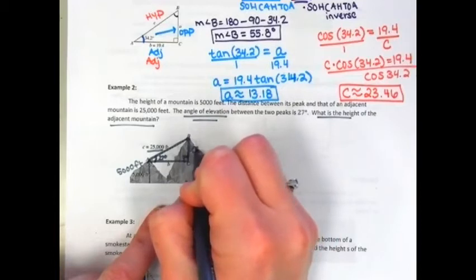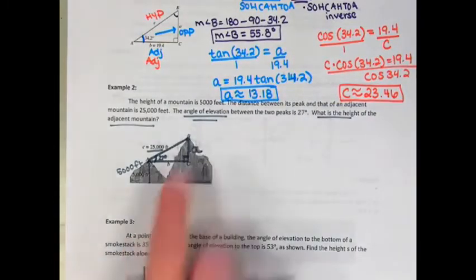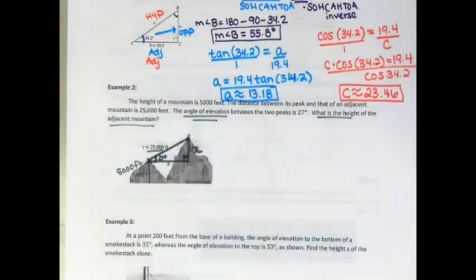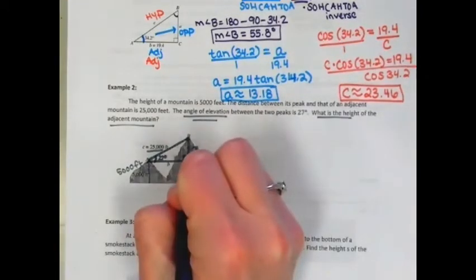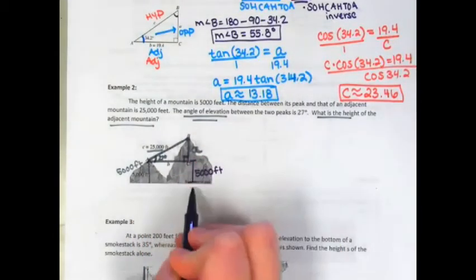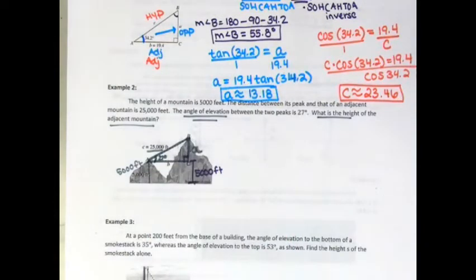And I can find the missing side length there, right? But my question to you is, if I find A, is that actually the height of my mountain? No, I would have to then, once I find A, add the 5,000 feet so that I can actually get the height of it from the ground all the way up to peak B, right?